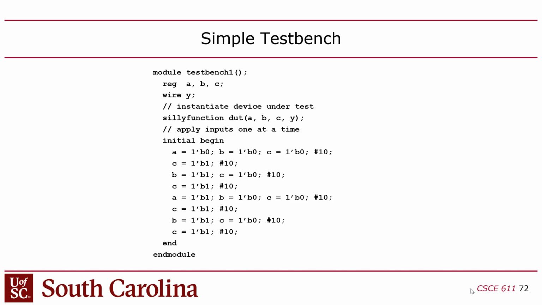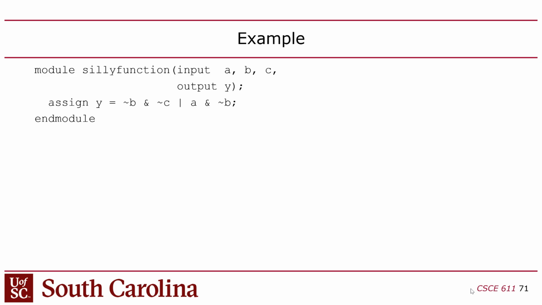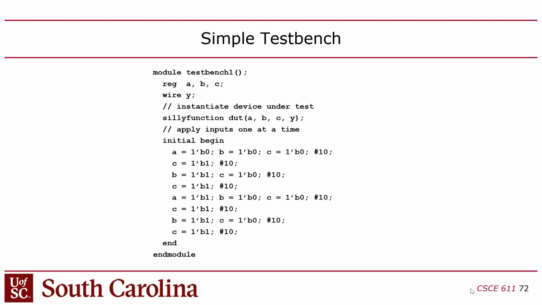This is a kind of shorthand. The only reason that works is because the ports are A, B, C, Y in that order. So when I instantiate the silly function, I put A, B, C, Y, and because it's in the same order, I can connect the A, B, C, and Y from in here to the A, B, C, and Y on the ports.